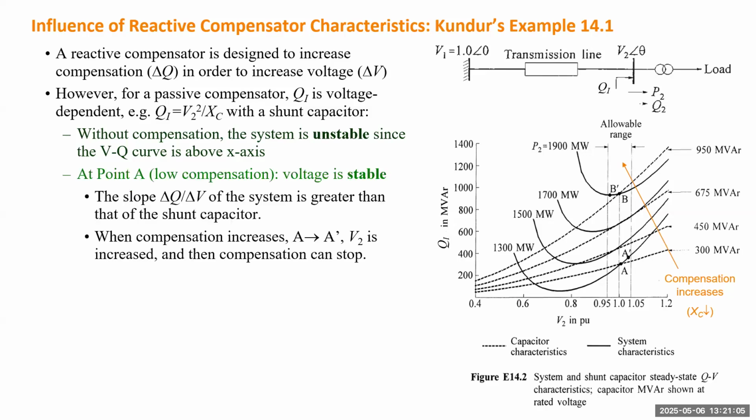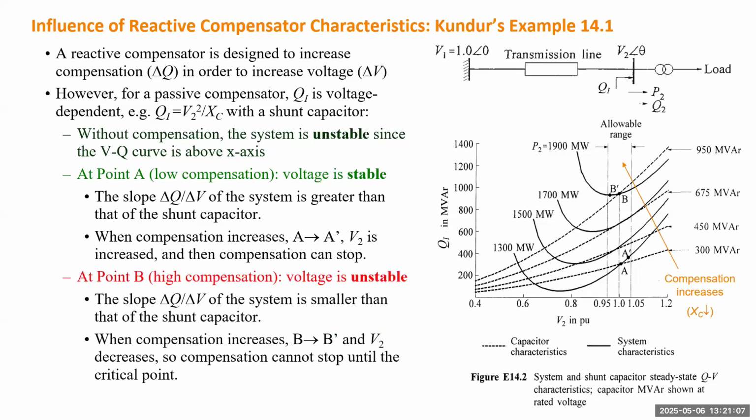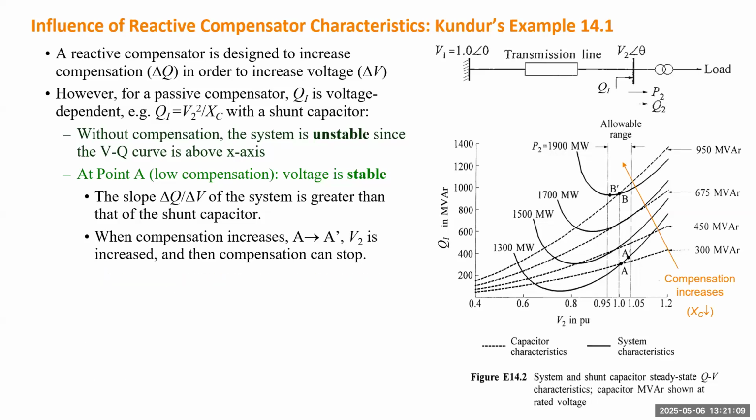Let's study one condition. One is the point A. At point A, the VQ curve slope is higher than the slope of that quadratic function for the compensator characteristic. Because this direction will be the increase of compensation. So if you want to increase the voltage, you can increase the compensation.